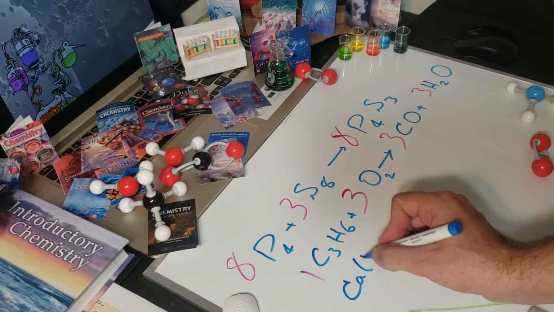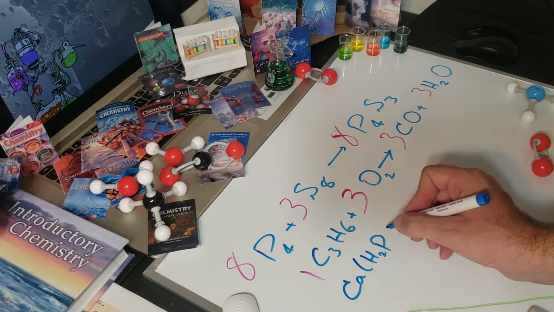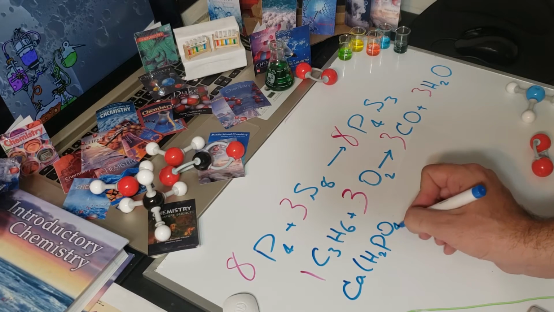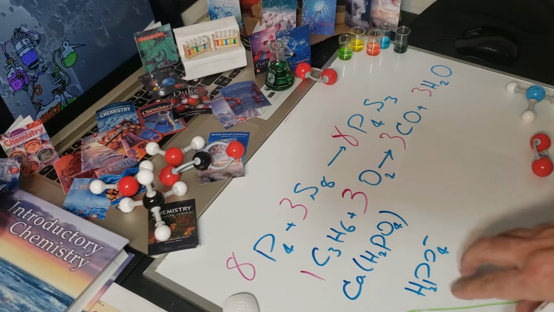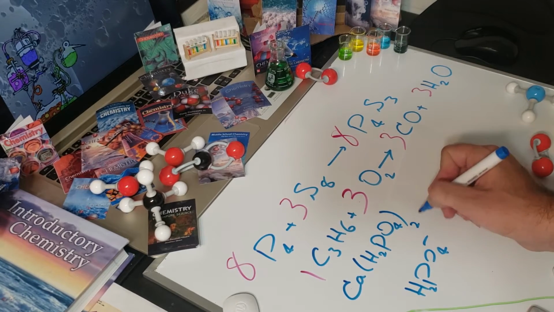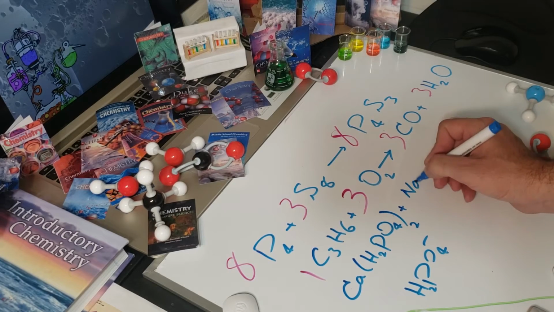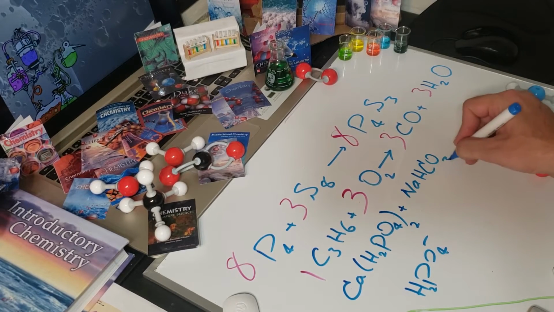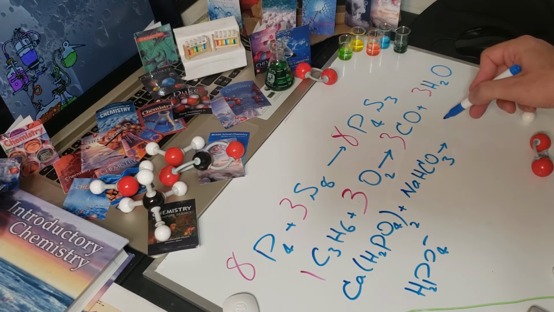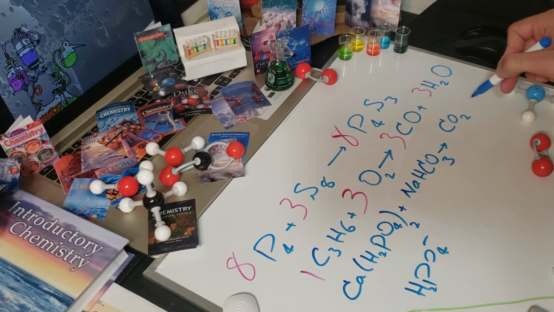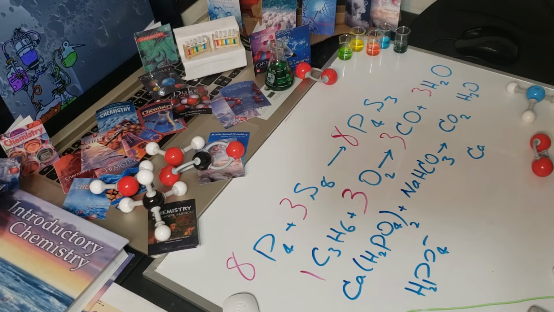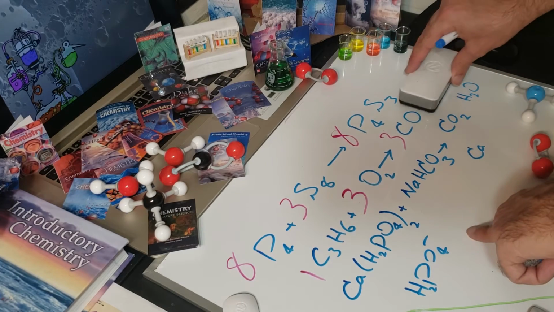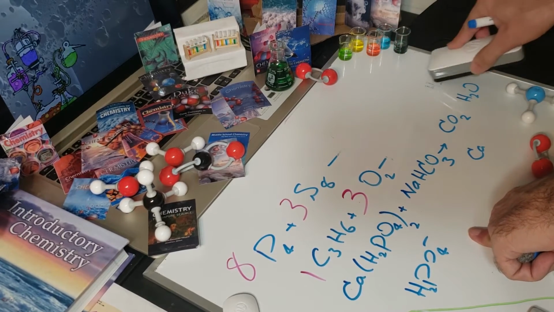Calcium H2, this is bihydrogen or dihydrogen phosphate, and the anion is just H2PO4 1 minus. That's bihydrogen phosphate, 2 of it, and then NaHCO3 bicarbonate, sodium bicarbonate, giving you CO2, H2O, calcium. Oh, let's just get some space on the top so I could continue.